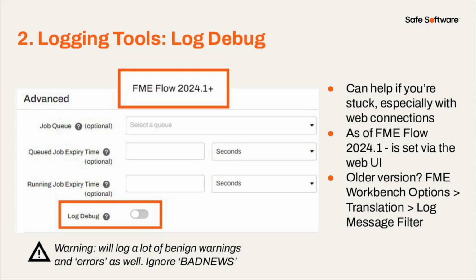If you're on an older version of FME, before 24.1, you can still use log debug mode. You just have to enable it in FME Workbench's translation options first, and then publish that workspace up to FME Flow. When it's run after being published that way, log debug mode will be enabled in that workspace.